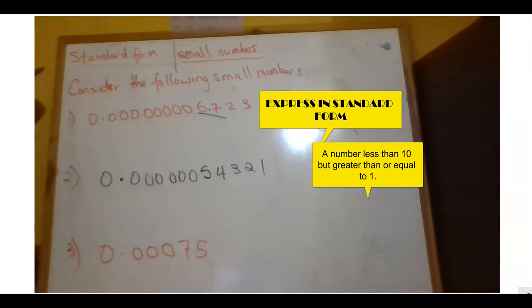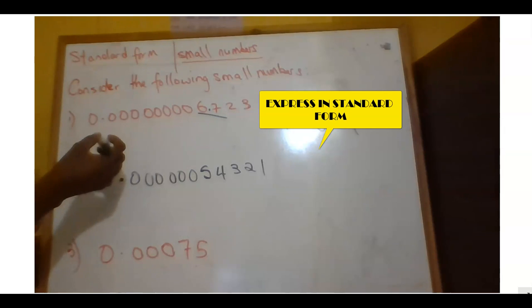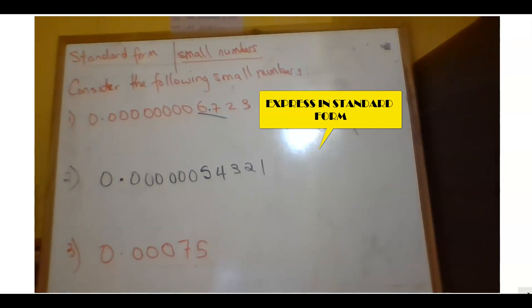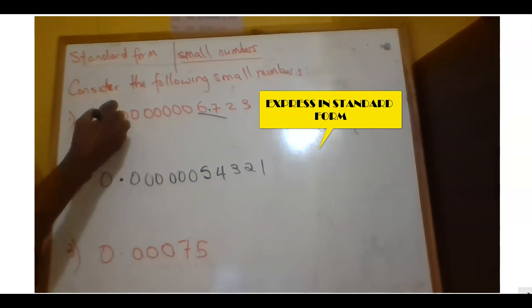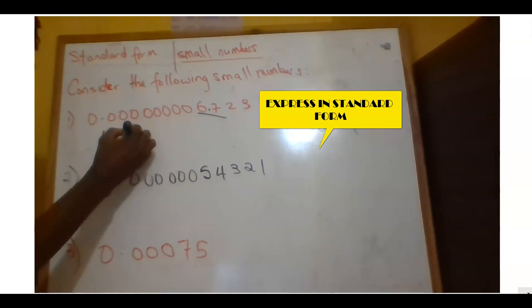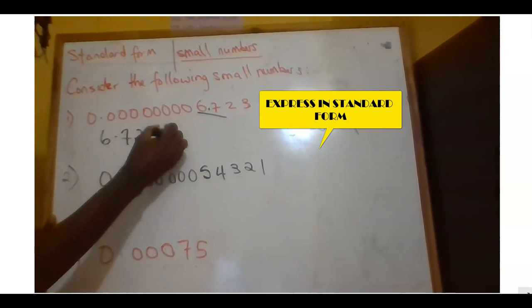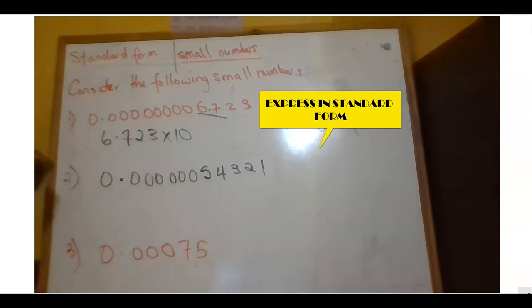So the first part of our standard form, remember our standard form has two parts: a number less than 10 multiplied by a power of 10. So it's going to be 6.723 multiplied by a power of 10 that we're about to determine.